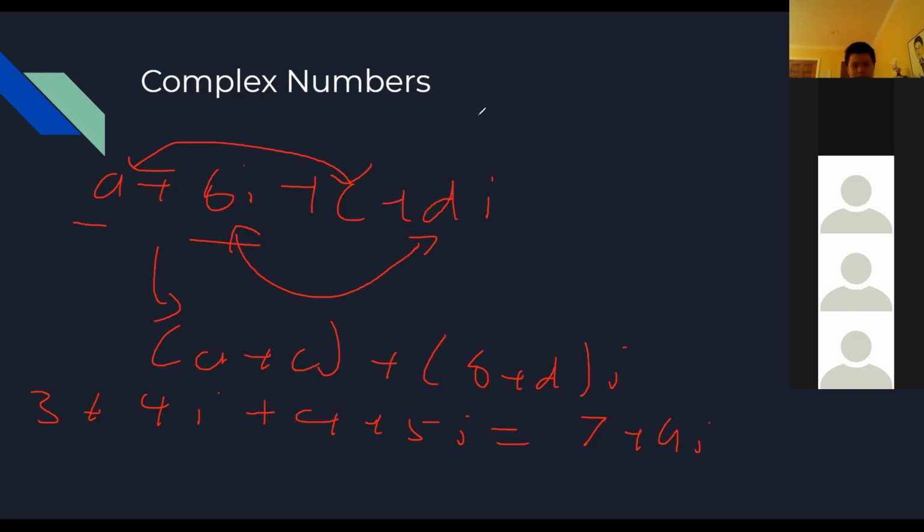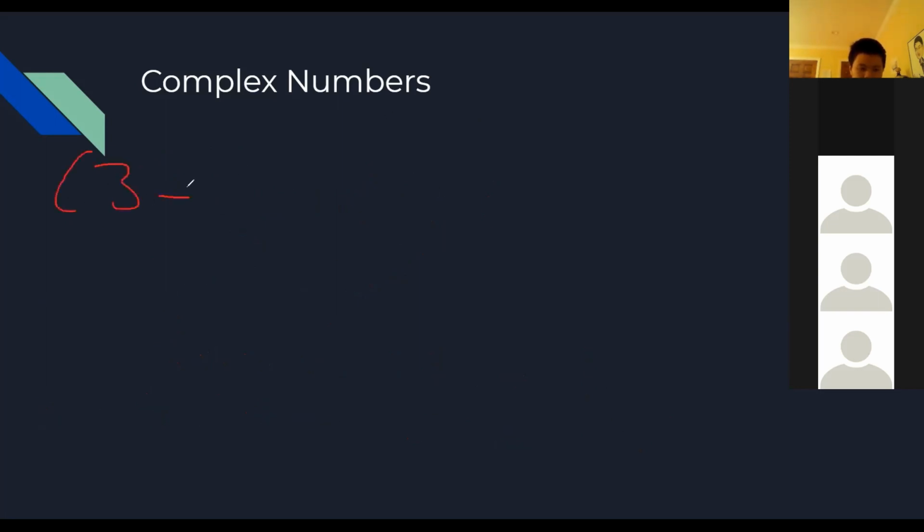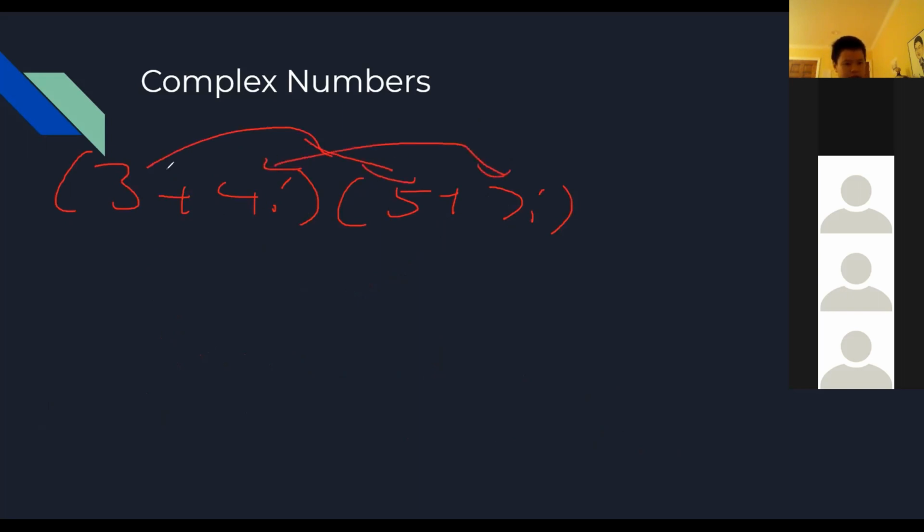Now, what if we wanted to multiply them? Well, we can't just multiply them straight across, since, again, imaginary numbers are different from real numbers. However, we can distribute them out and expand that way. So 3 times 5, 3 times 7i, 4i times 5, 4i times 7i.